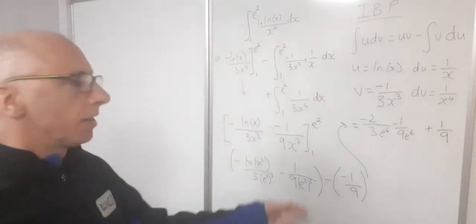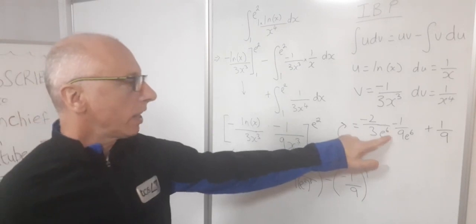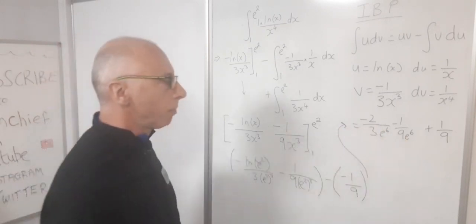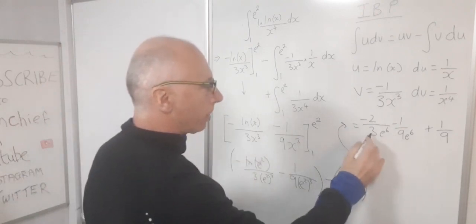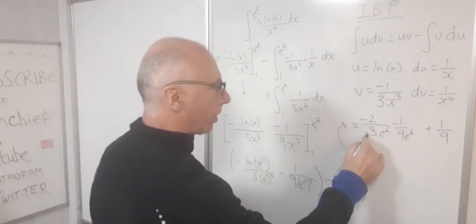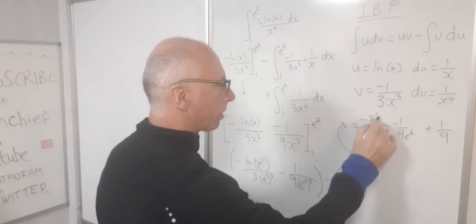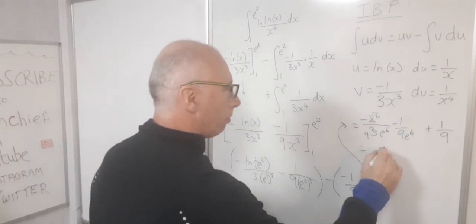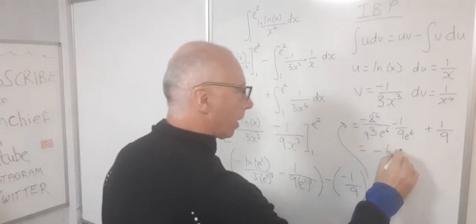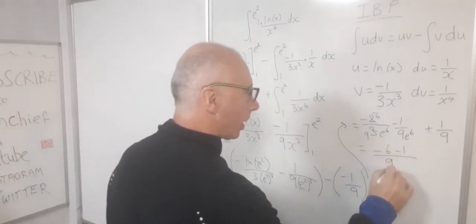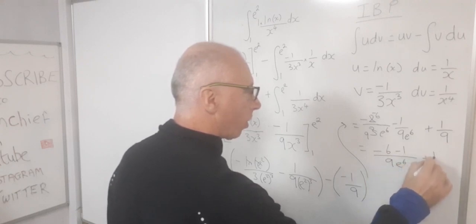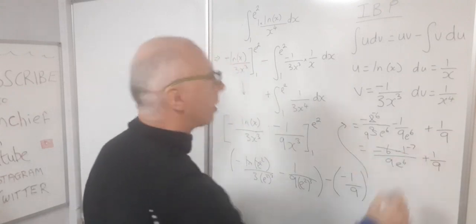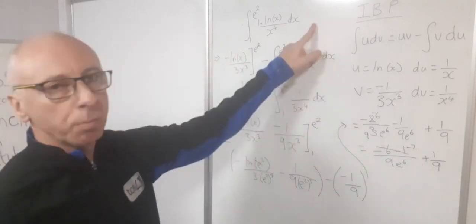Okay, now there's a little bit more simplification I can do here. I've got e to the 6, e to the 6, and I've got minus 2/3 minus 1/9. So let's simplify those. If I make this into ninths, that will then become a ninth. This minus 2 becomes minus 6. So now I've got minus 6 minus 1 over 9 e to the 6 plus 1/9. That now becomes minus 7. So now I'm ready to write my answer up here.